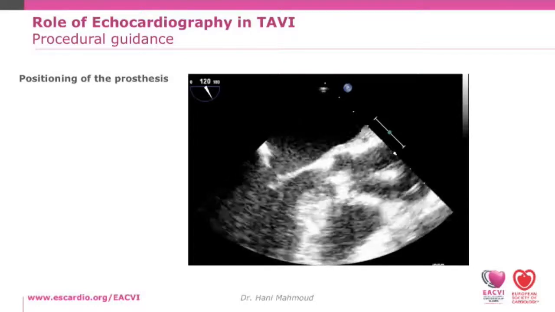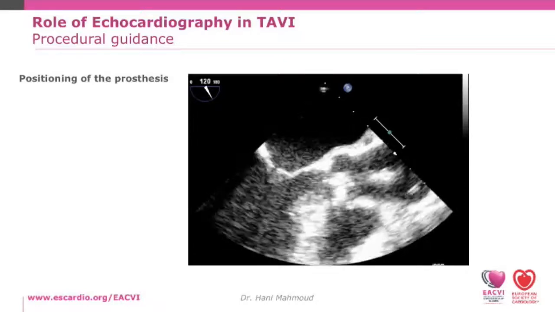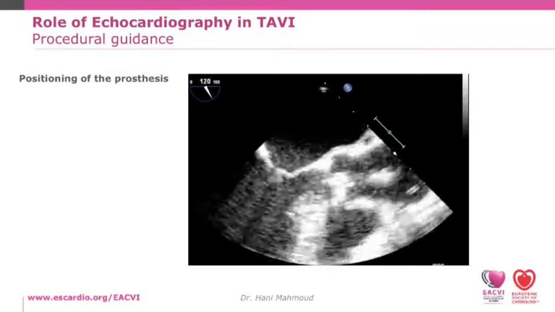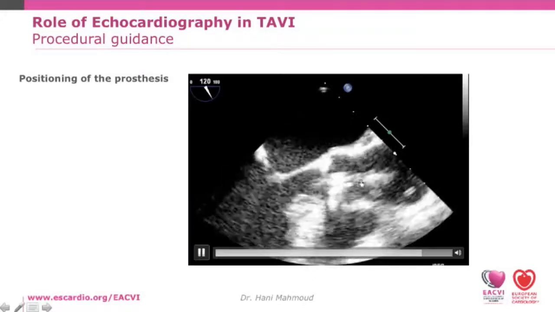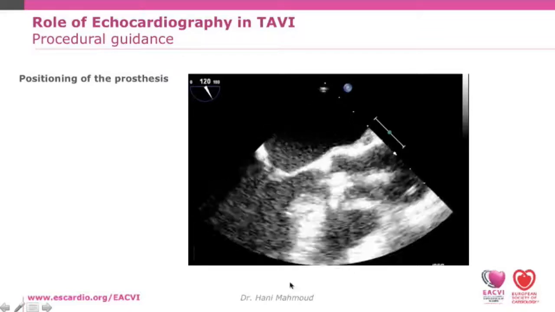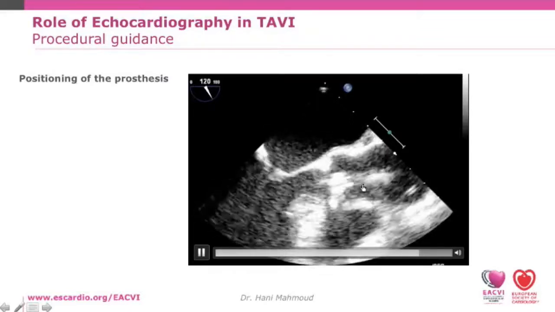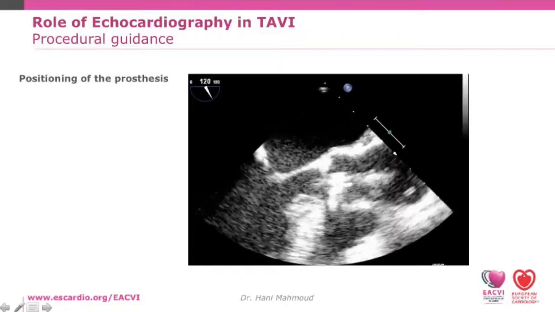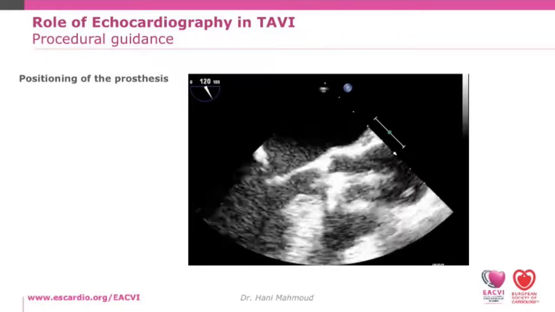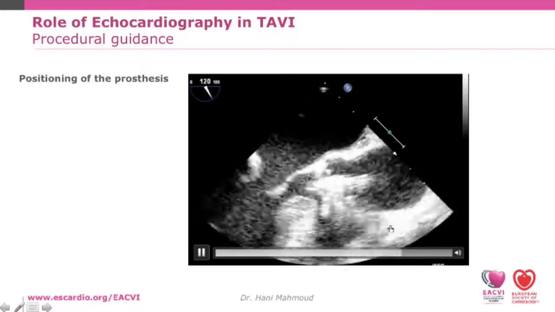So this is also a potential risk of these procedures. We now nicely see a balloon expandable valve where you can also control the position of the stent bases here in the valve area of the aortic valve.